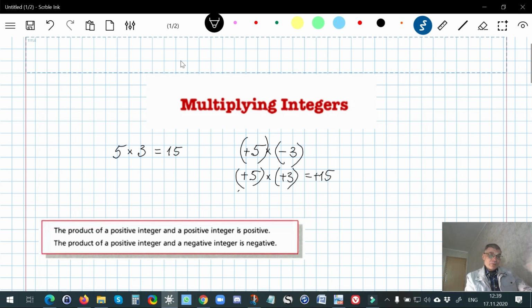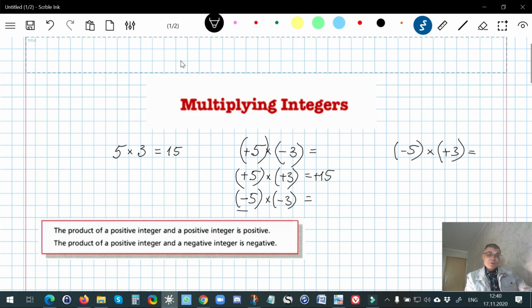Both signs might be negative. And the fourth time, when 5 is negative and 3 is positive, let me write it: negative 5 multiplied by positive 3. The rule is like that. When both signs are positive, the result is positive.